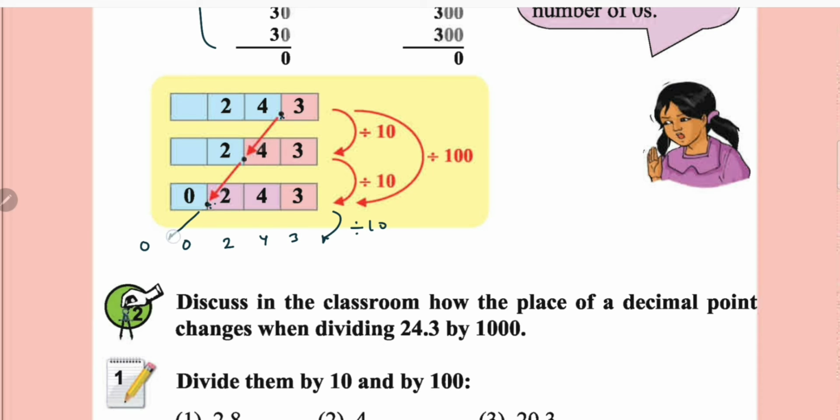This decimal point shifts here. This is by 100 by 10, nothing but by 1000. So when 24.3 is divided by 1000, this is the result. The decimal point shifts by 3 digits.